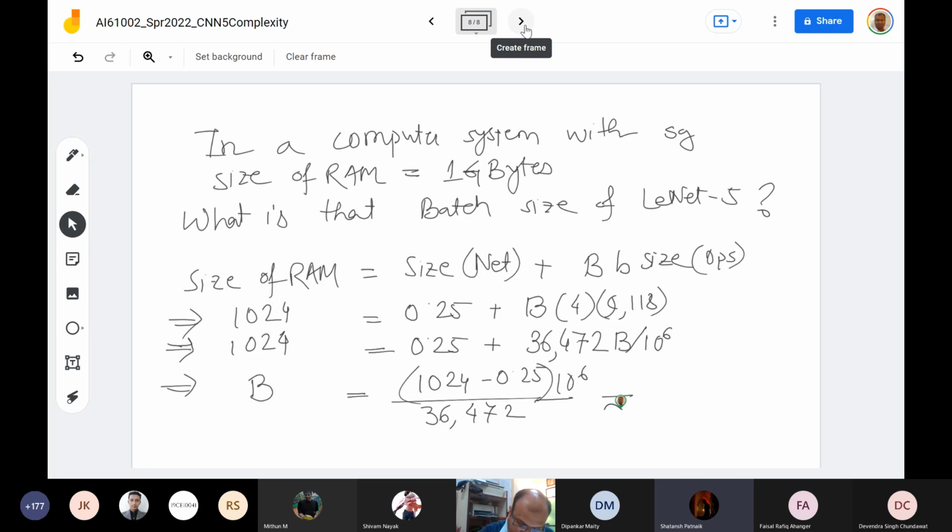So this will approximately be equal to 28069. 28,069 images in a batch.